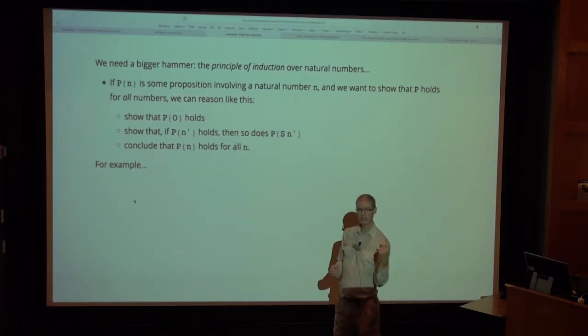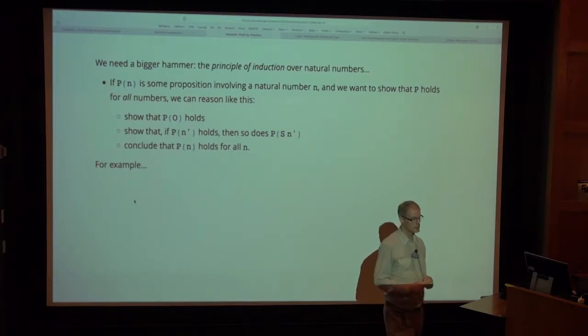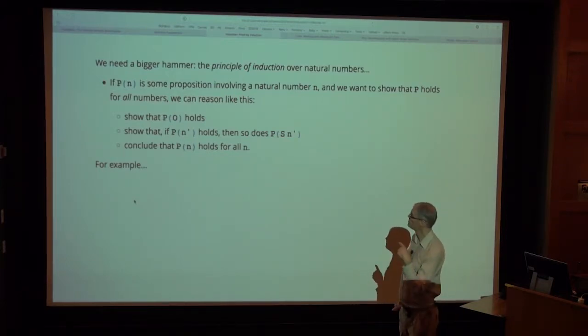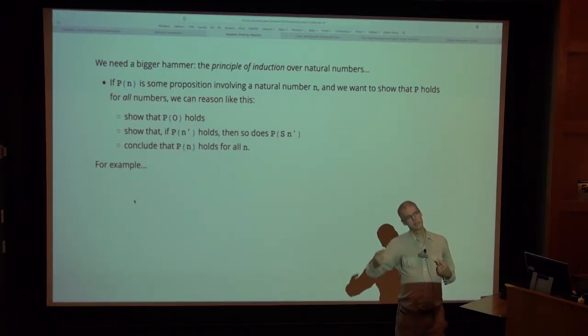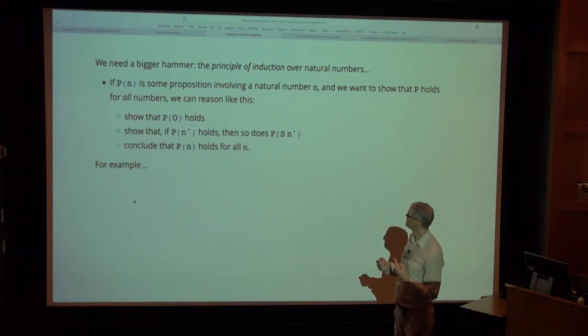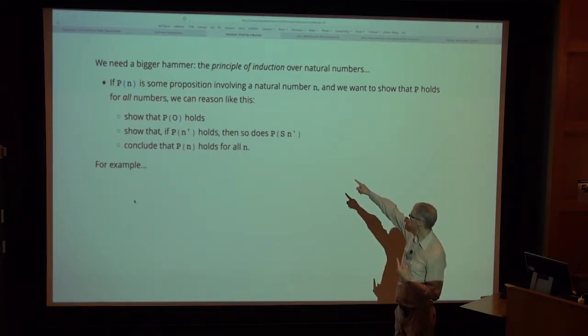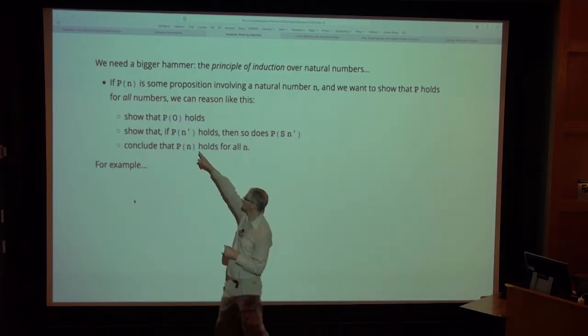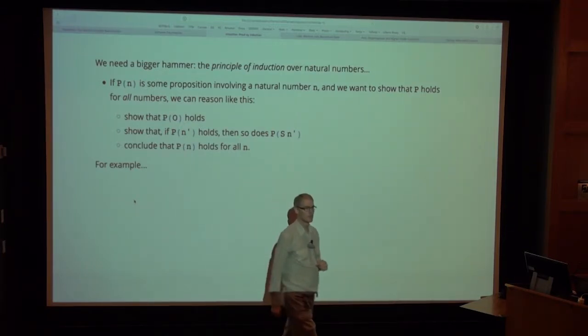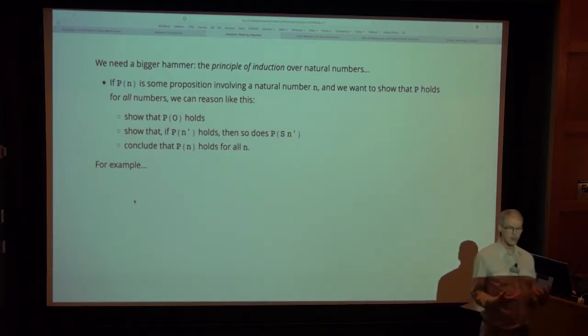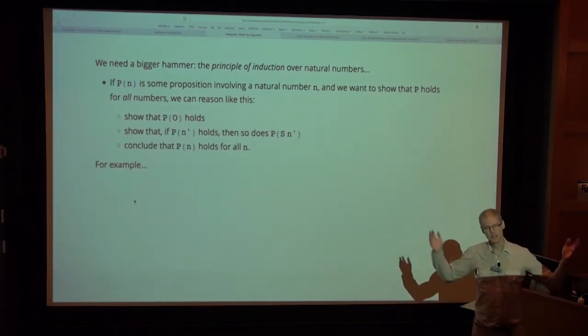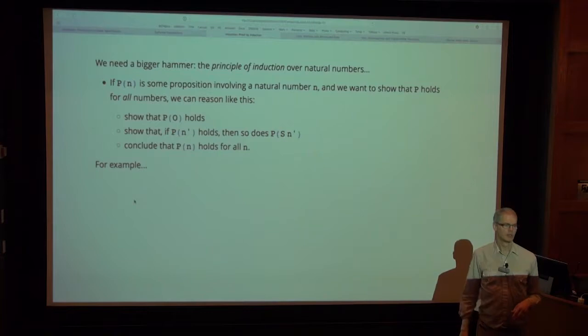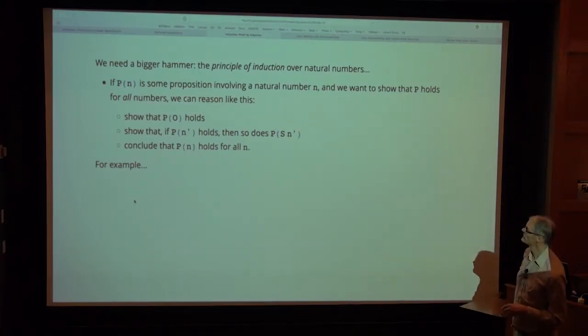We have to show that P holds of 0, and we have to show that P holds of successor of n' under the assumption that it holds for n'. If we can do those things, then it holds for all n. So this is exactly the natural number induction principle that everybody is familiar with from discrete math.